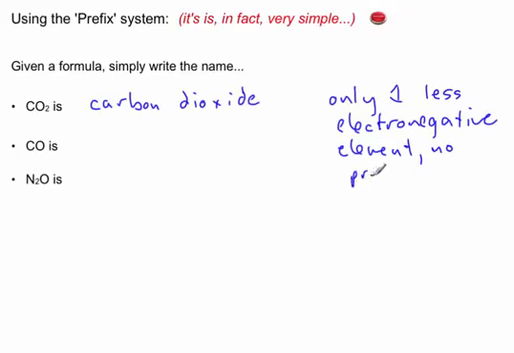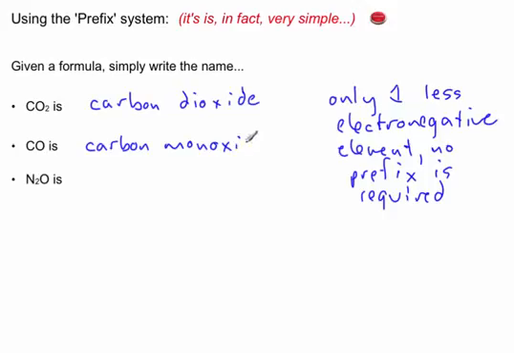You don't use the prefix mono. No prefix is required because the fact that you've written a single C, for example, implies that there's one. So again, for CO, we don't need a prefix for the carbon because there's only one of them, so there it is, carbon. But we still need a prefix for the second one, so that's monoxide.